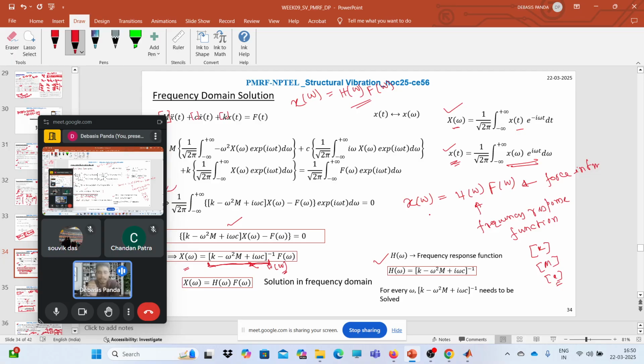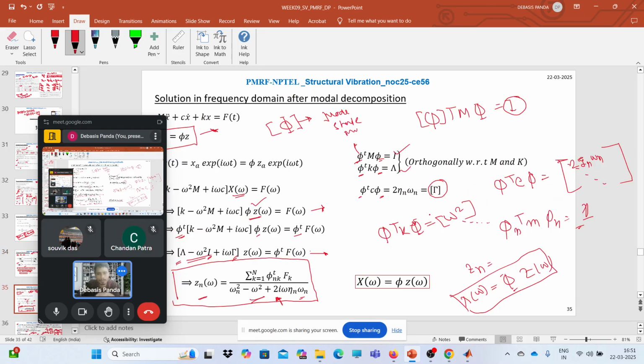Also, in using the frequency response function, we need to invert that equation. So just think, we have a 10 degree of freedom system or 22 degree of freedom system. So that H omega, the frequency response function, will look huge, gigantic. It will be heavy to compute, needing more computational effort.